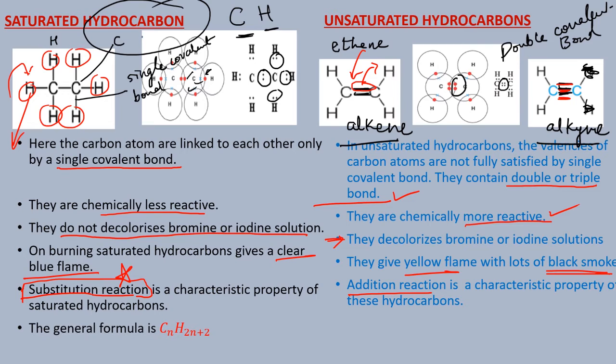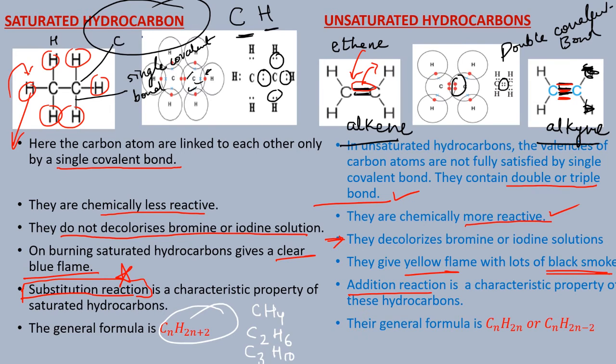The general formula for saturated hydrocarbon is CnH2n+2. Here n represents the number of carbon atoms. Just in case you have one carbon, when you replace, you will get CH4 as the answer, that is methane.